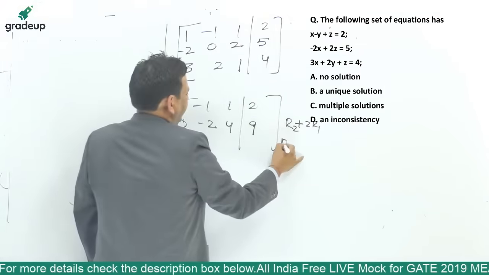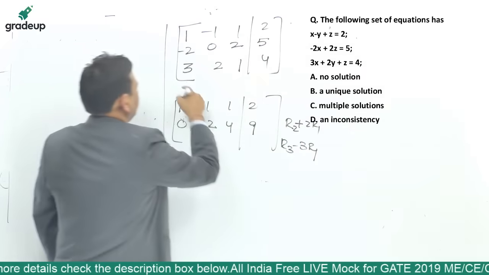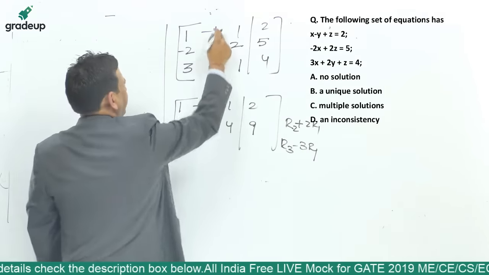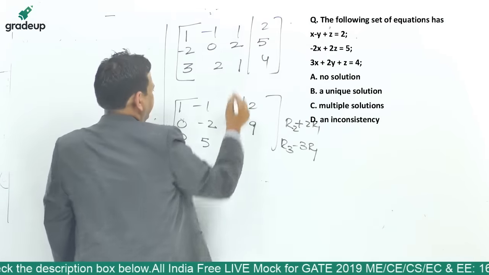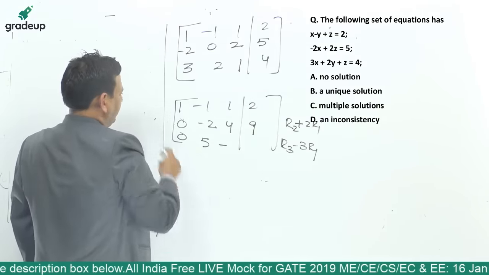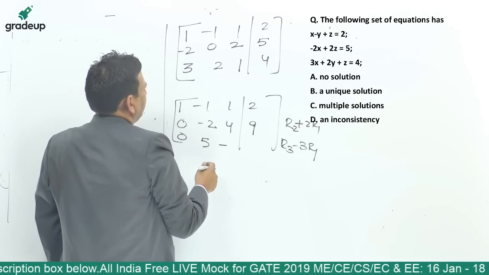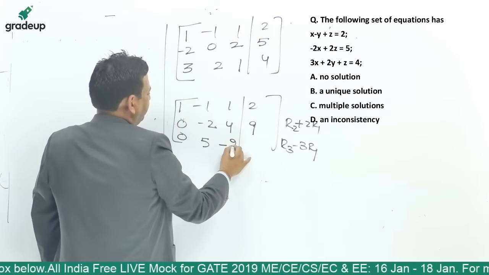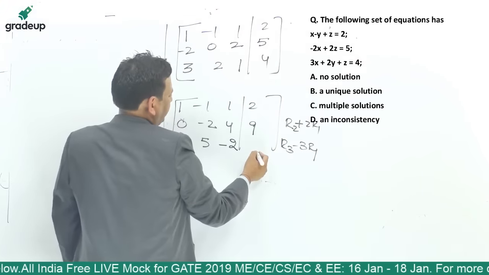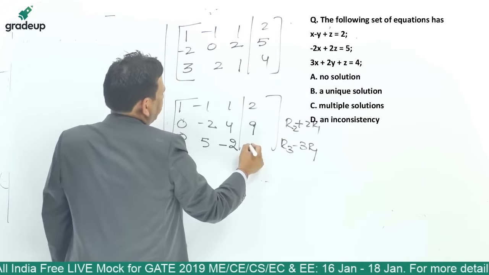Here we will say R3 minus 3 R1. So this minus this would be 0. This minus 3 would be 5. And this minus 3 would be, R3 minus 3 R1, minus 2. And this minus this would be 4 minus 6 is equal to minus 2.